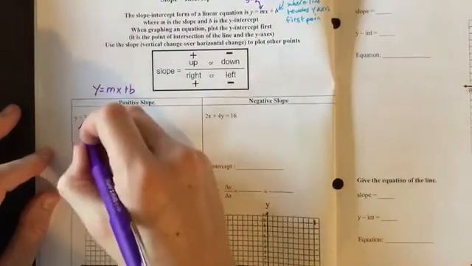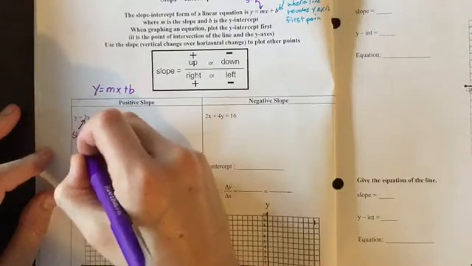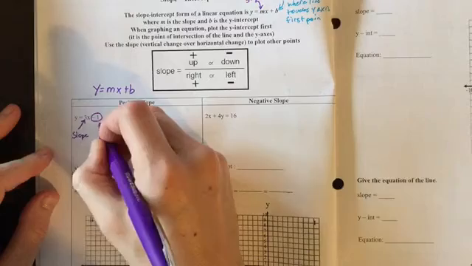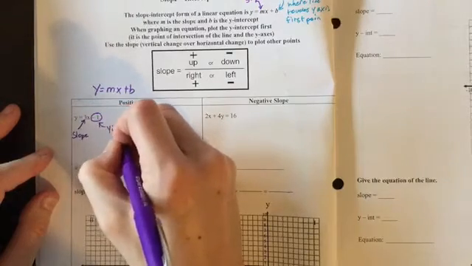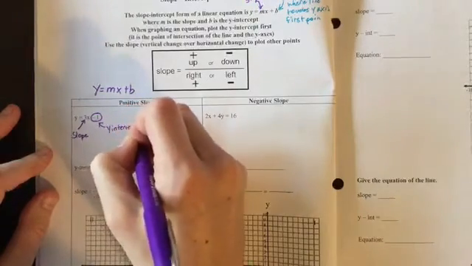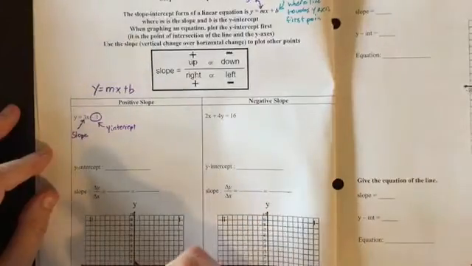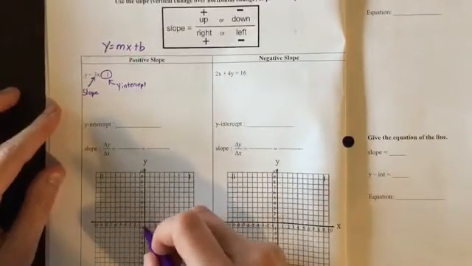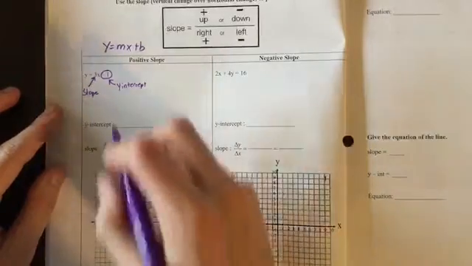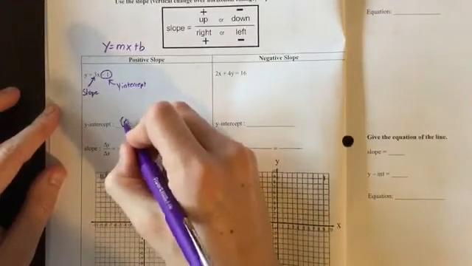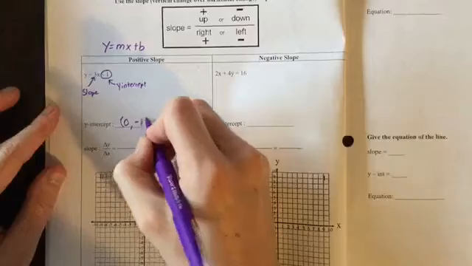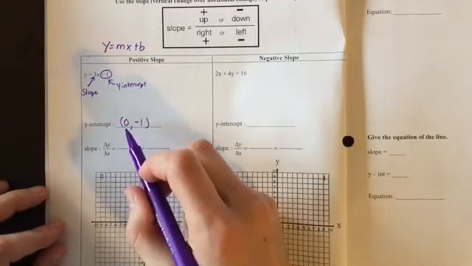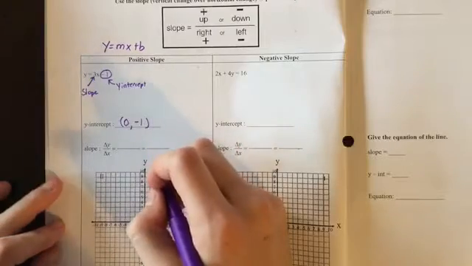I can see that 3 is our slope, and negative 1, you take its sign, is our y-intercept. So that means our line is going to start at negative 1 on the y-axis. Our y-intercept is the ordered pair (0, negative 1). All points on the y-axis have an x-coordinate of 0.